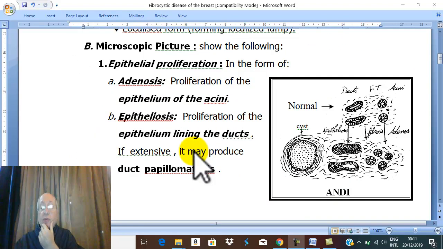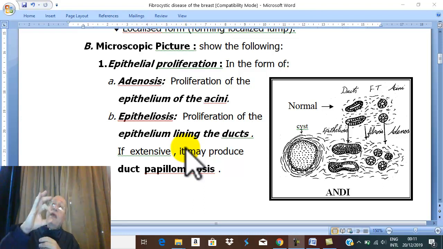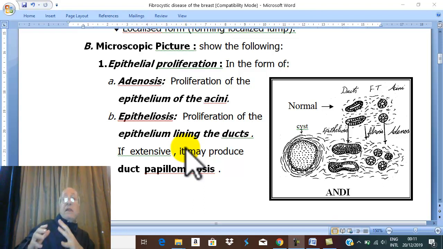What is the pathology of this condition? It may affect the whole breast, or the lobule in one breast, or a localized area, according to the hormonal receptors in the area. If the breast contains excessive hormone receptors, it will affect one breast.